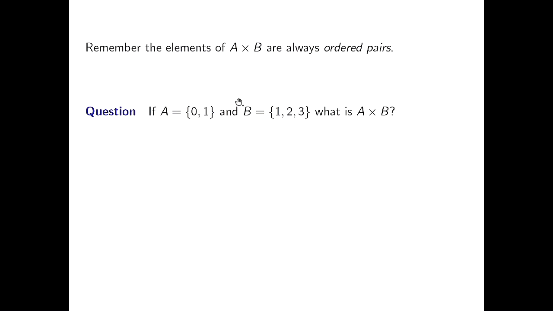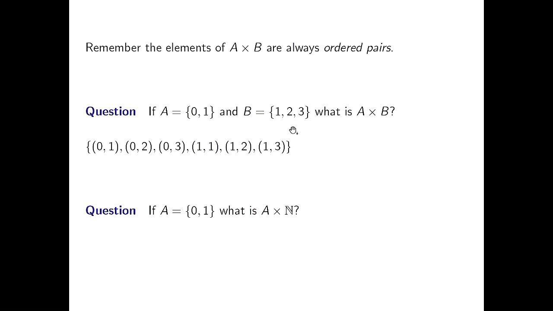Yep, so the ordered pairs (0, 1), (0, 2), (0, 3) and (1, 1), (1, 2), (1, 3). Totally agree. So here we have every ordered pair whose first coordinate comes from here and whose second coordinate comes from here. Is this making some sense?